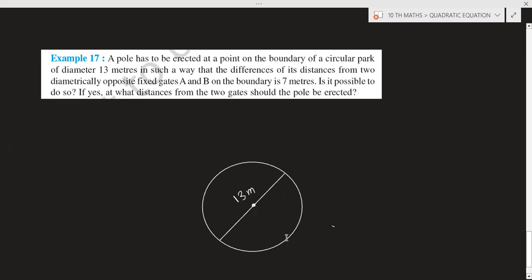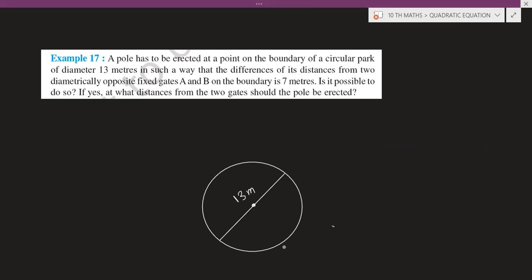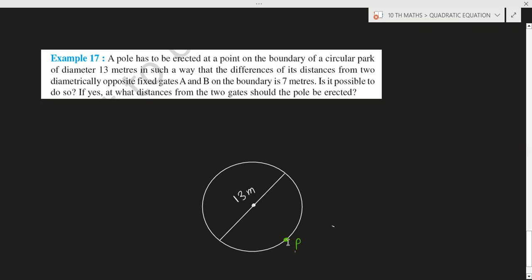Sometimes. So on the boundary of the circular park, you have to erect a pole. Suppose this is point P. At point P, the pole is erected.